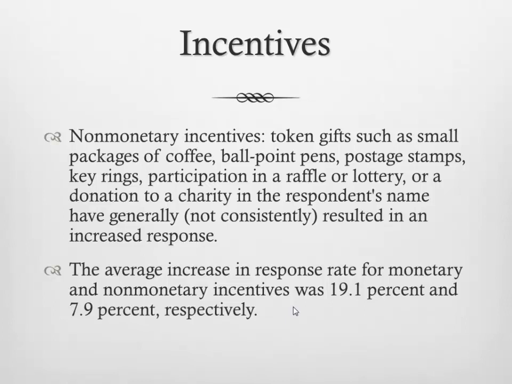I've received surveys with a tea bag inside, ballpoint pens, a postage stamp, a key ring, things like that, or a donation in your name to a charity. Those sorts of non-monetary inducements have generally resulted in an increased response, the research suggests, but not consistently. But the fact is you'll have a higher response if you use money.